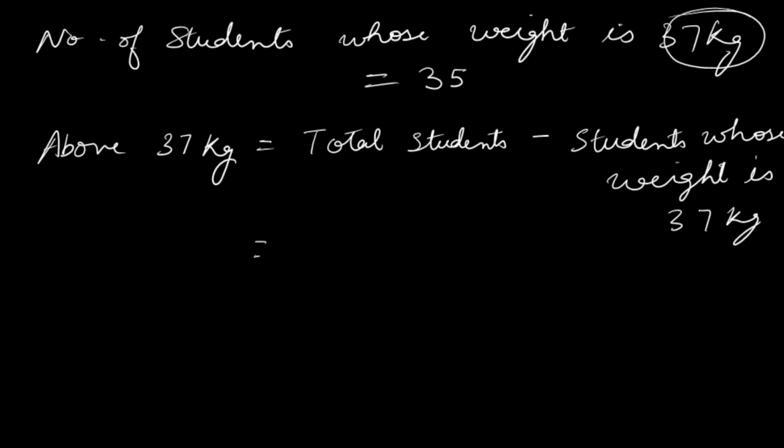Total students we have is 60, and plus minus 2 units is acceptable, since our graph scale is 2. So 60 minus 35 equals 25.